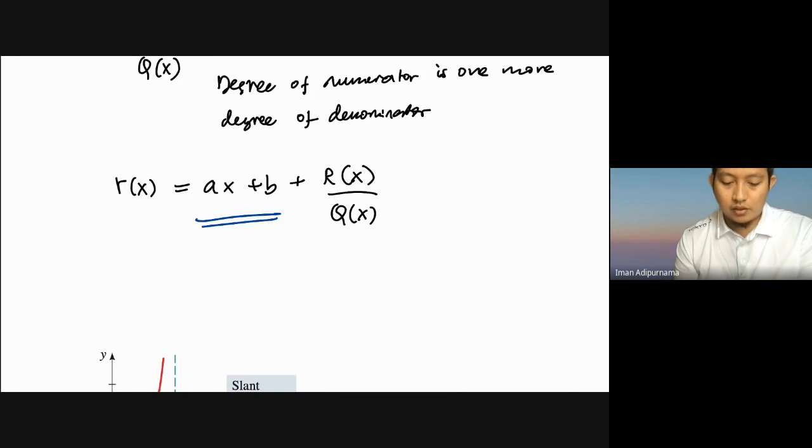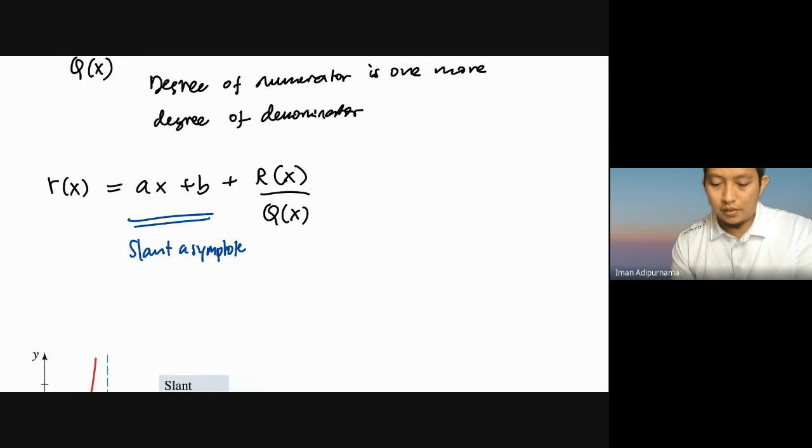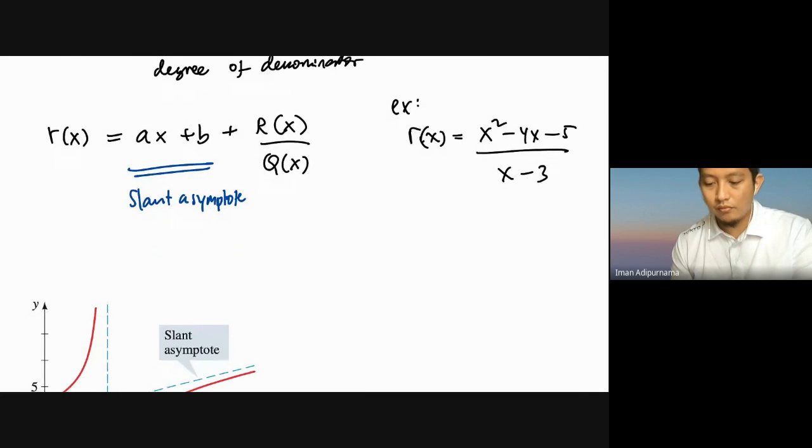Now this is called the slant asymptote. For example, if you have R(x) equal to x squared minus 4x minus 5 divided by x minus 3, we can factor it out, and let's say we have (x plus 1)(x minus 5) over (x minus 3).